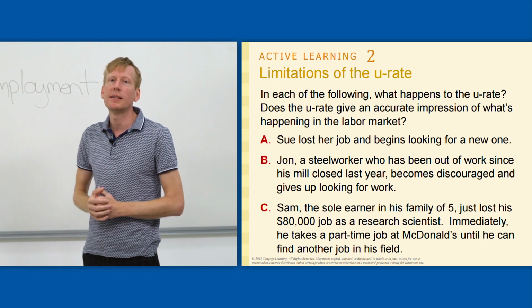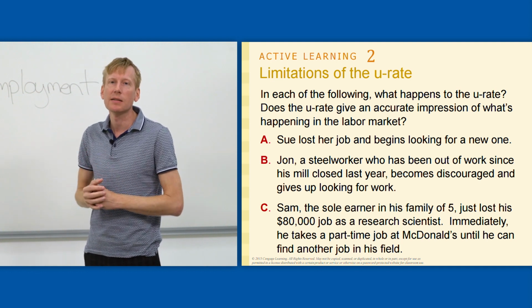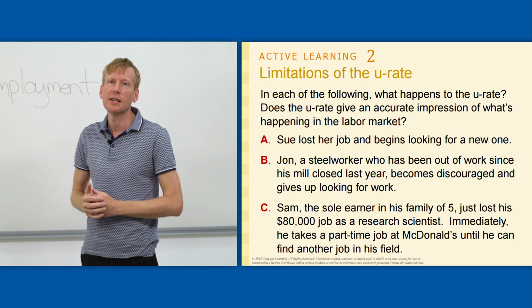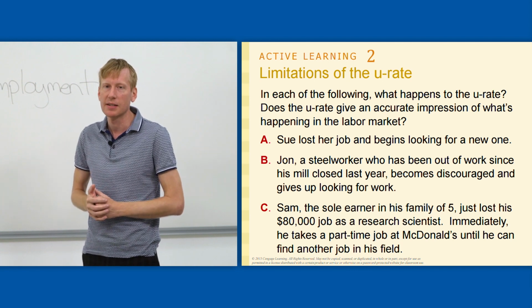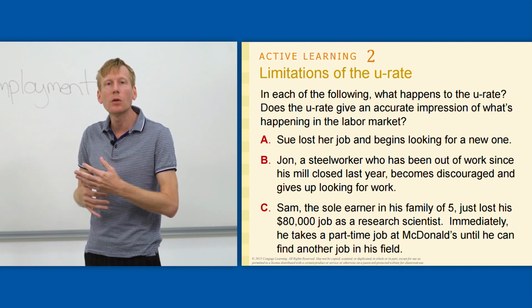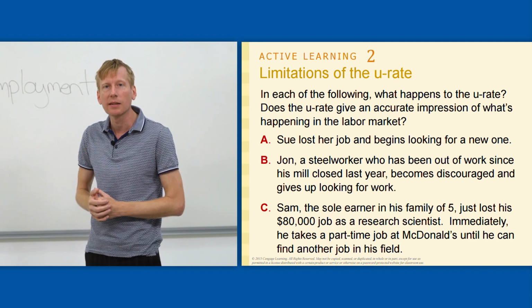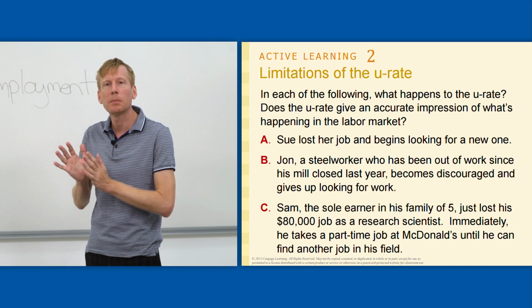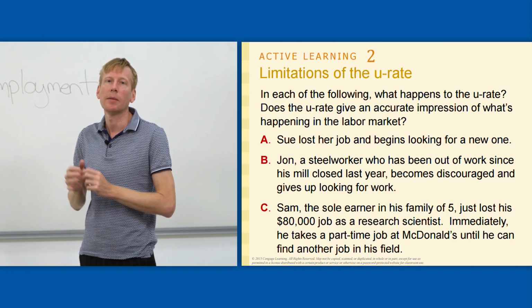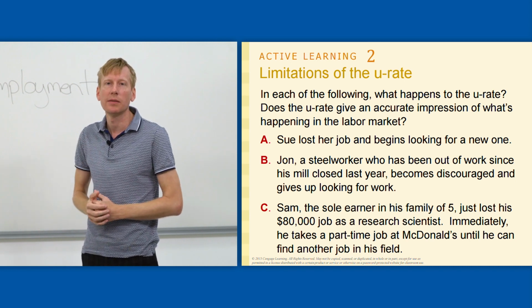But the new job that he takes is working for McDonald's, and it pays much less than his original job as a research scientist does. He might continue to look for another better job while he's working for McDonald's. But for the time being, he has a job. That job is not as good as his previous job.